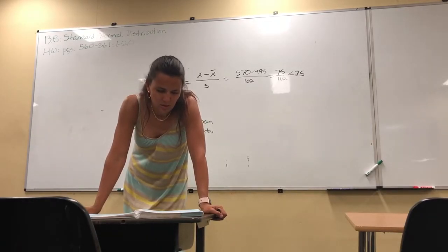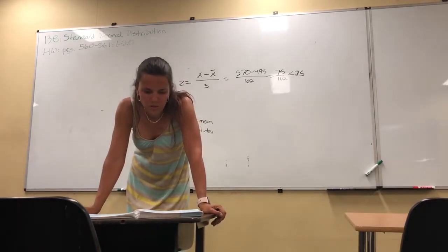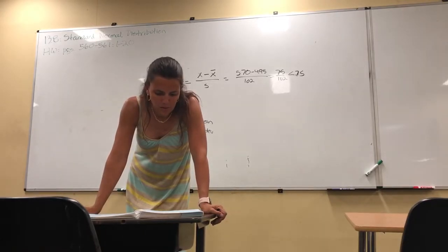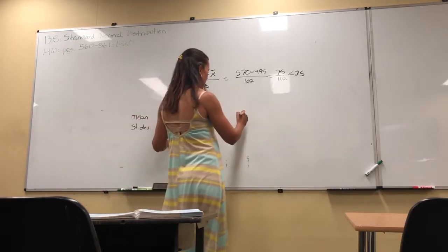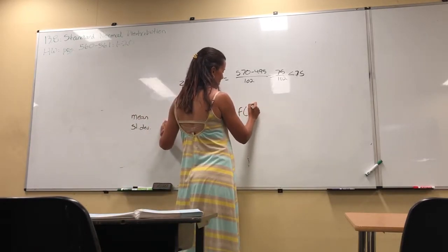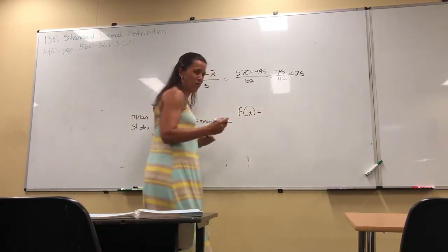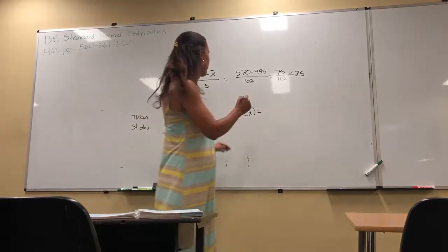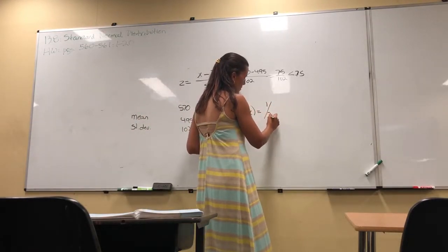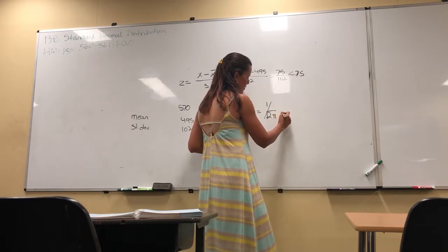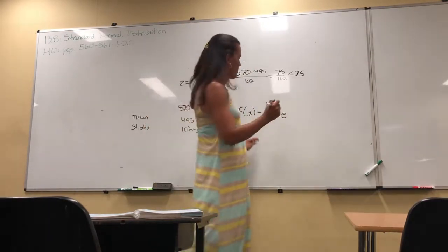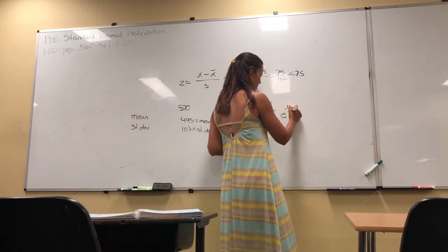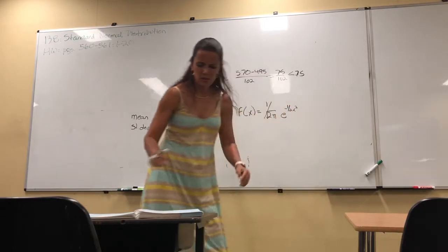Now, the standard normal distribution, right? I said that he took the SAT test and they were normally distributed. What does that mean, okay? Standard normal distribution is this special function, which you do not have to memorize, but I'm going to tell it to you. Remember, f of x is a fancy way of saying y. That's the formula.